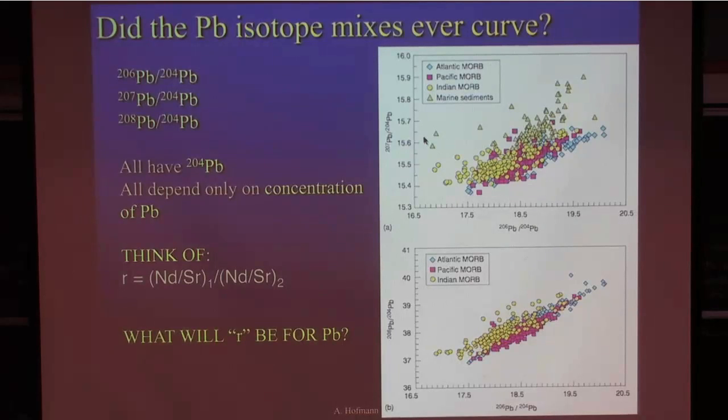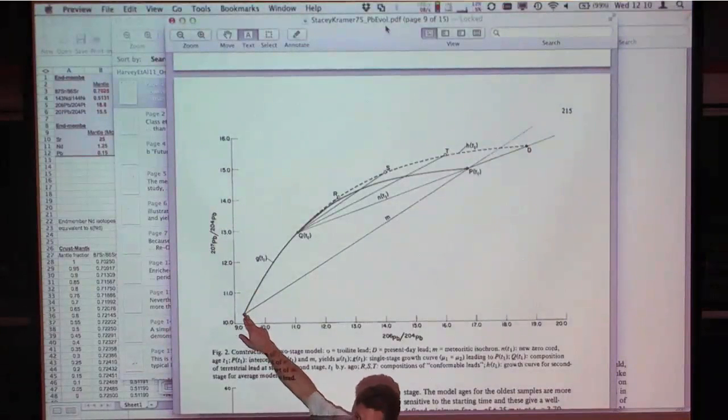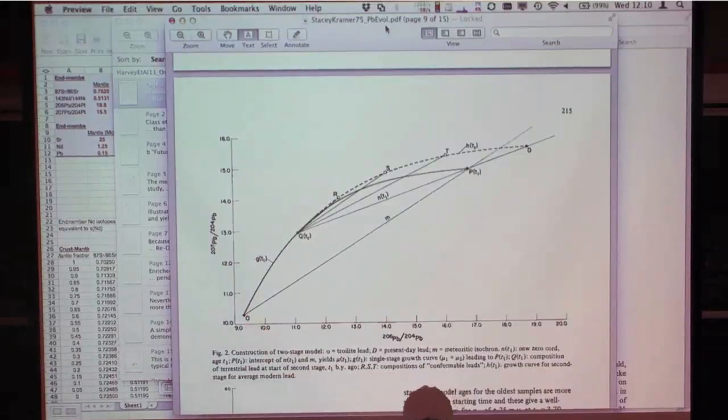As I showed in the other picture, we have some idea what the solar system starts out with in isotope space, because you can look at metal meteorites and look at non-uranium-bearing phases to get the isotopic composition. So you do have the starting point. But that's already a fractionated meteorite, right? So it's not the best. But that at least gives you an idea of what we started with. But the concentrations are much harder.